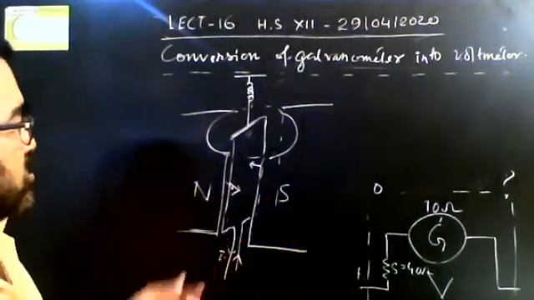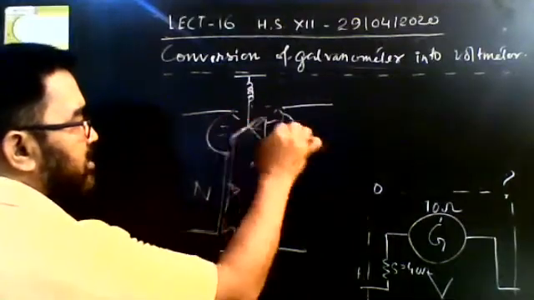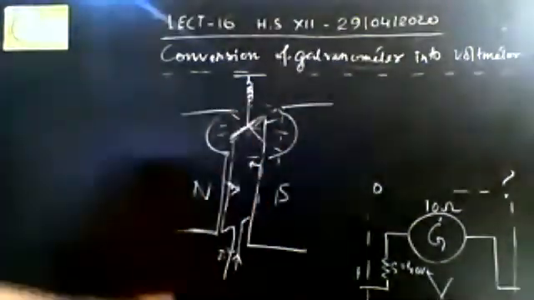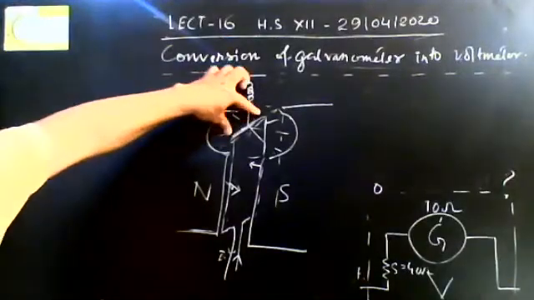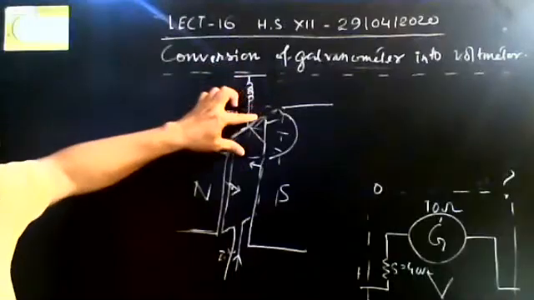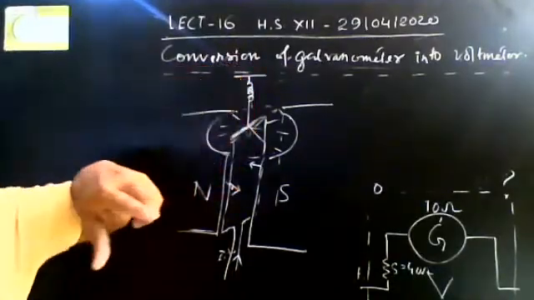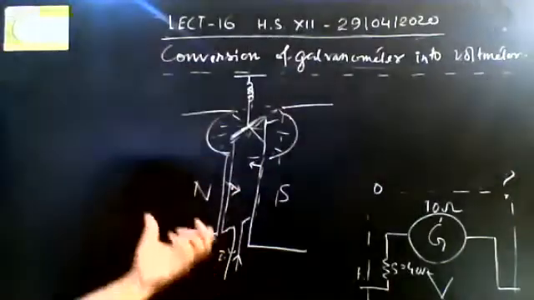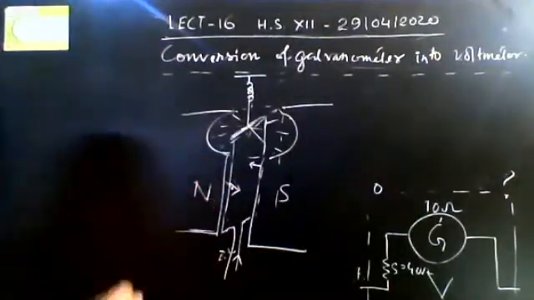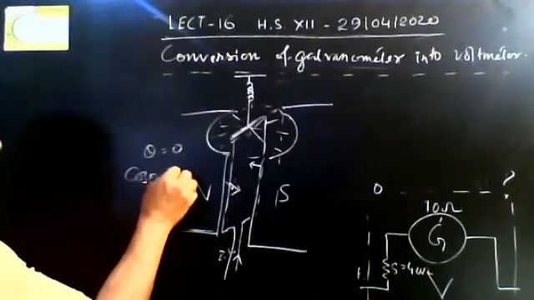The magnetic field is radial because at all points the plane of the coil is parallel to the lines of force. That is, the angle theta is 0 at all times. When the angle theta is 0, then cos theta is 1.